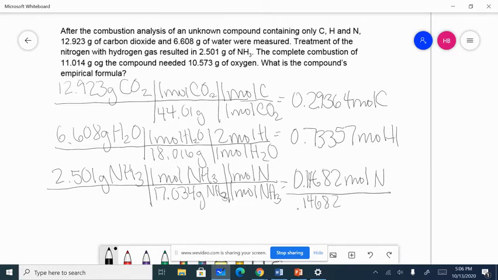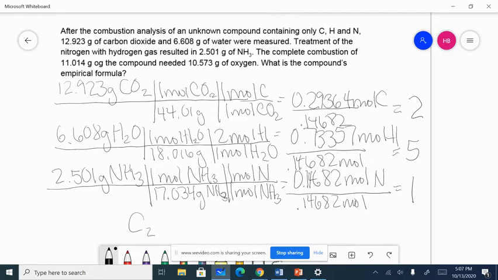Compare by dividing. And the empirical formula is C2H5N.